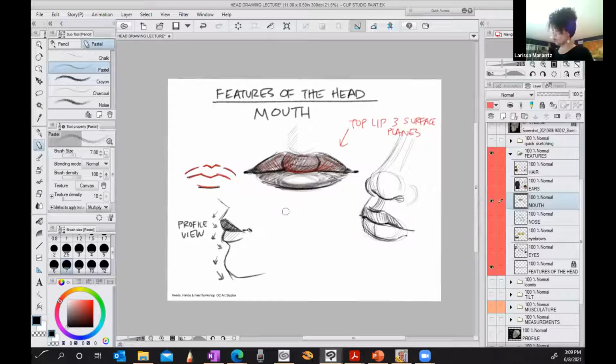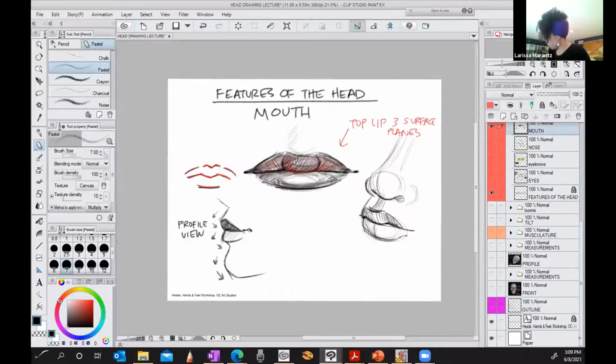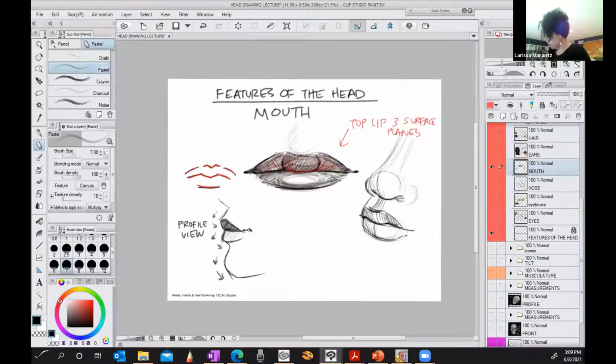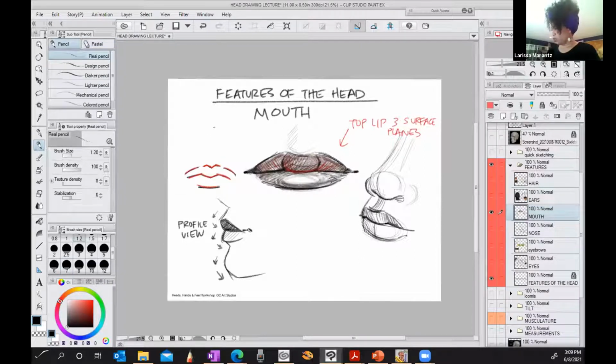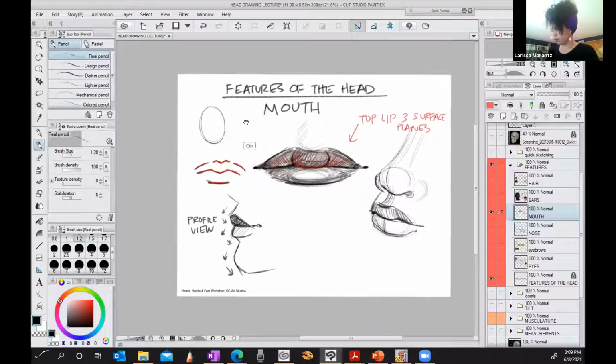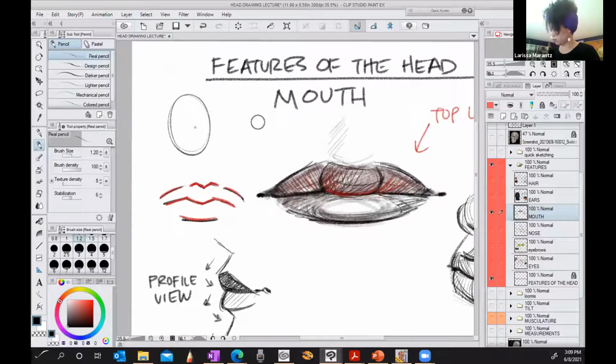Okay, now remember we talked about the third measurements. Let me see if I can find that. I'm afraid if I find it, I'm not going to be able to come back to my place, but that third mark we had on the, let me just draw it real quick. Okay, so we had our circle, the head, right?